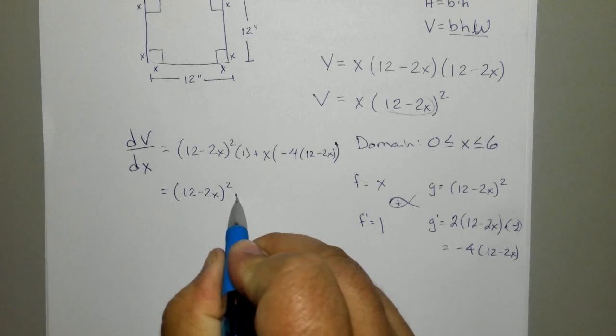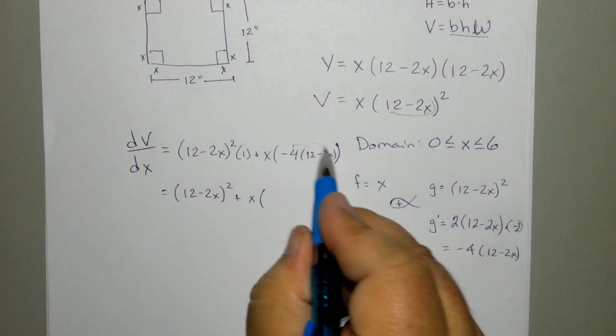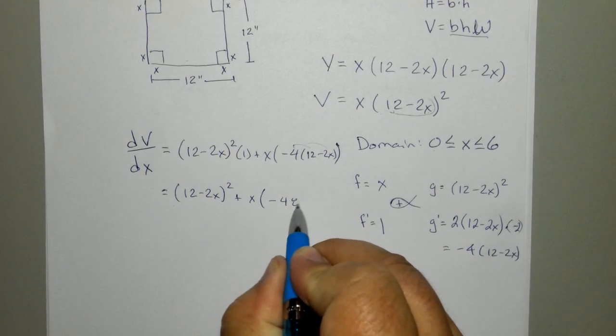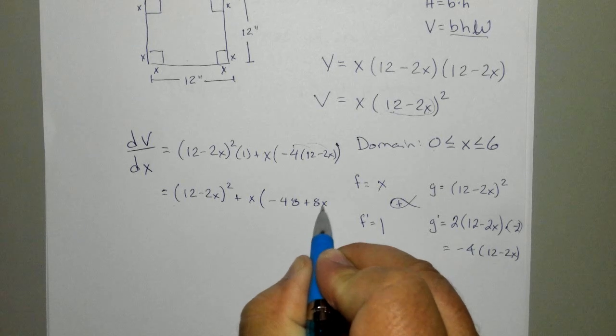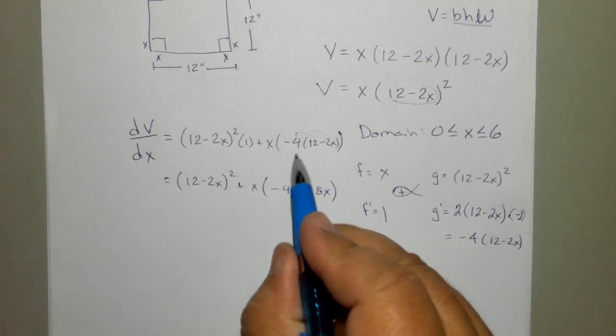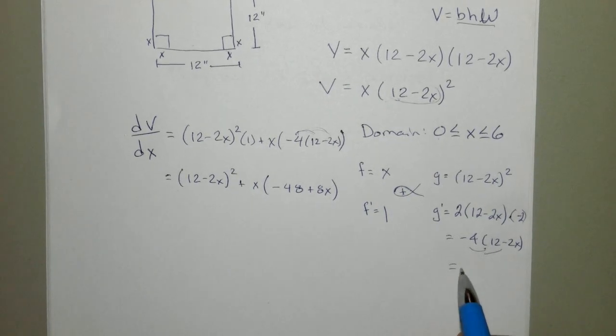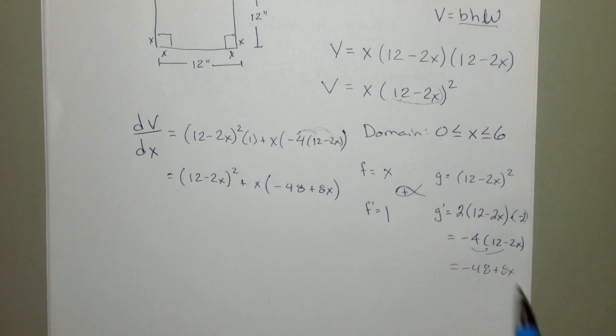It's 12 minus 2x squared plus x, distribute them inside, negative 48 plus 8x. So how would you solve this part next? All inside here, I just multiplied the negative 4 times, I went ahead and worked this one out. Negative 48 plus 8x.